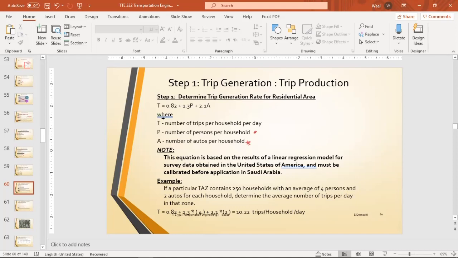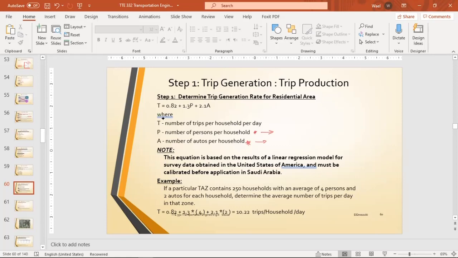Number two, it needs more detailed information, such as you need to have an idea about the number of persons per household, or at least the average number of persons per household. Okay. You need to have population data. And here also you need to have number of autos per household. Okay. So this kind of information, sometimes it's difficult to obtain.